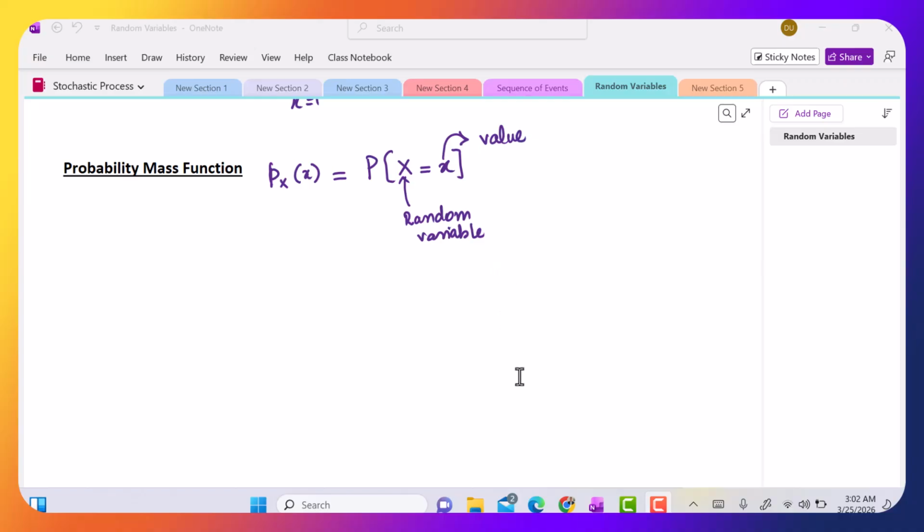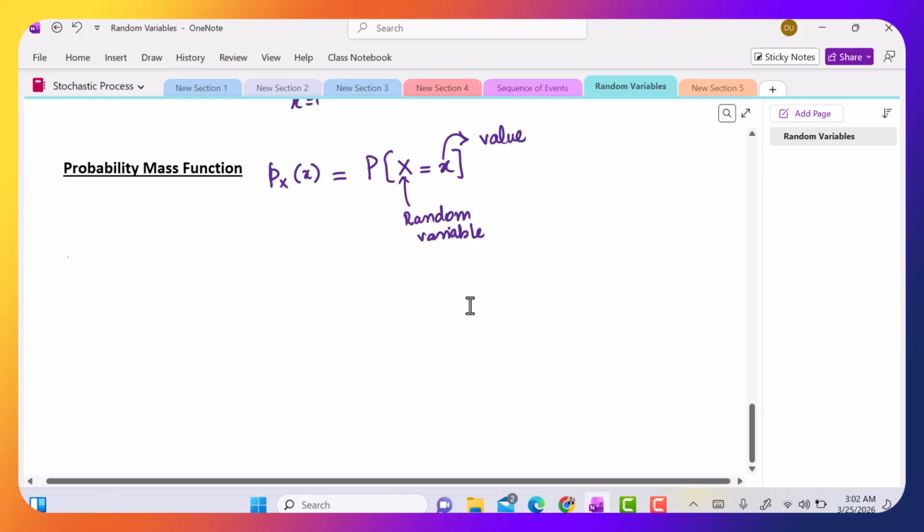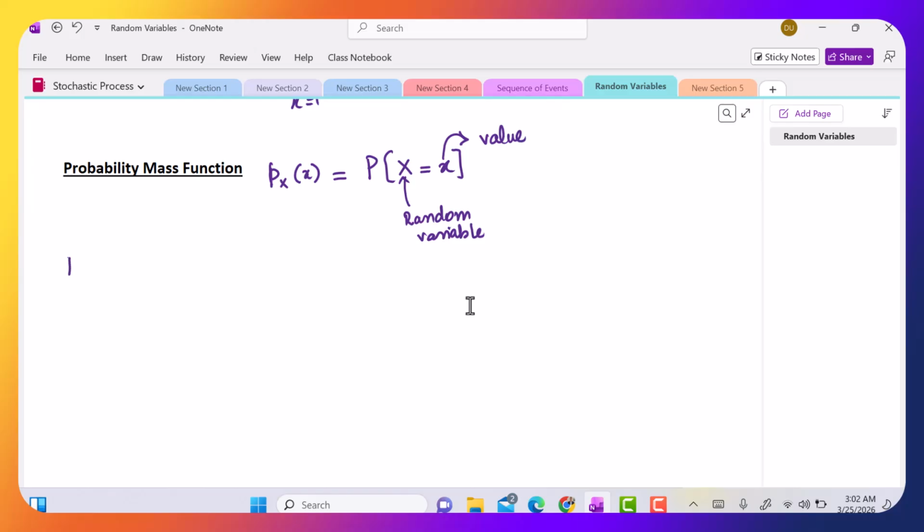We're going to illustrate this concept with an example, which is transmission errors. When we transmit data from one point to the other, in real scenarios, there are errors that occur during the transmission of the data.